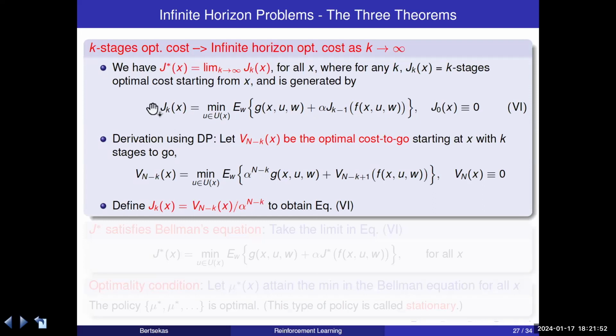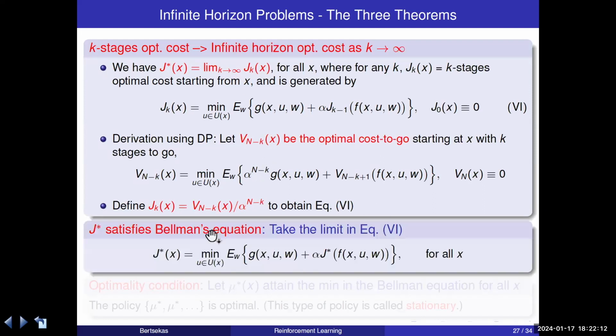But you don't need to resolve from the beginning. You just do this simpler iteration to generate all the finite horizon costs. This is also called value iteration. It's an algorithm to calculate in the limit J star. So that's the first theorem.